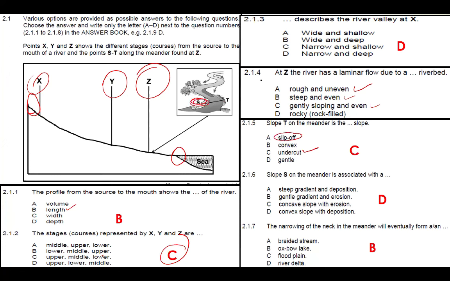At S, this is a slip-off, and this one over here is the undercut, which means this one is going to be gentle and convex.